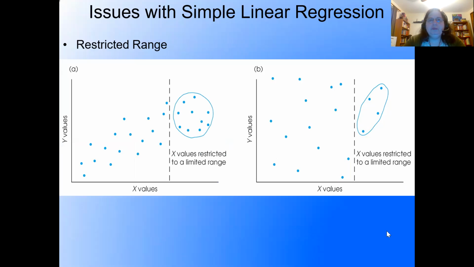Now, the next issue with simple linear regression is the same as what we had with correlation. It's restricted range.